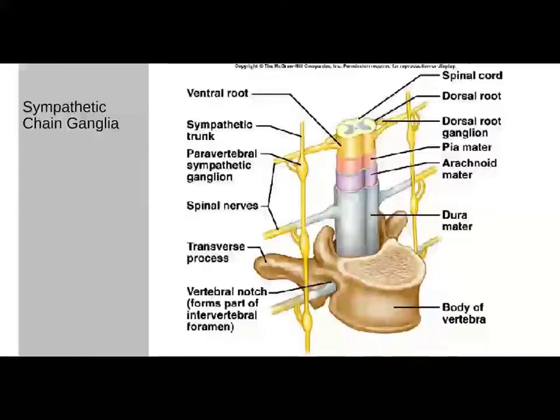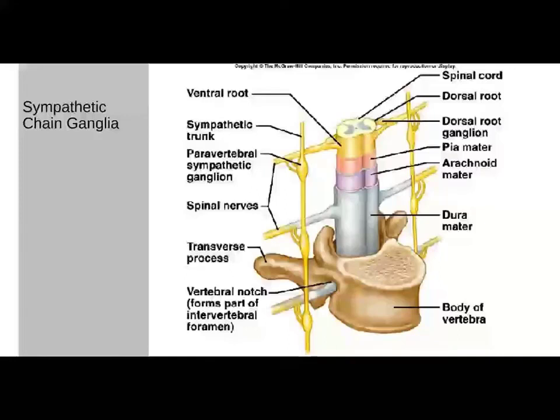And that means that the preganglionic neuron in the sympathetic nervous system arises in the central nervous system, exits the spine, and right here, just next to the spine, is where the ganglion is. So the preganglionic neuron in the sympathetic nervous system is really short.